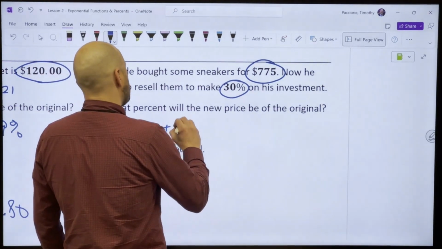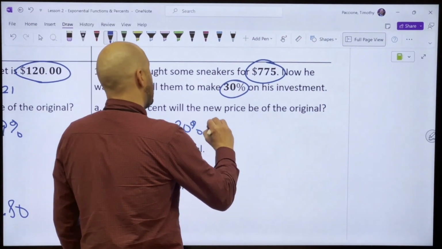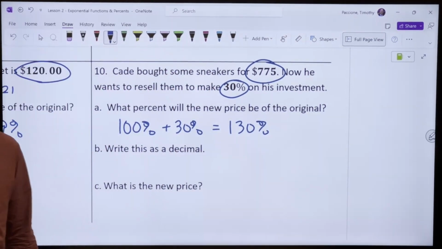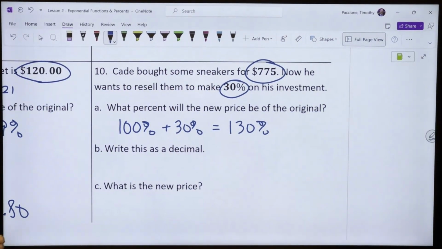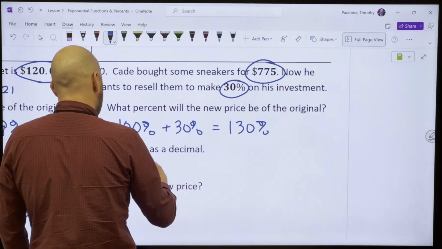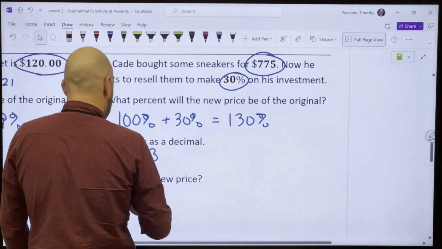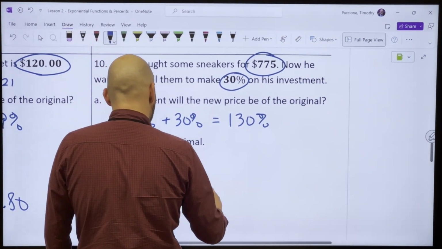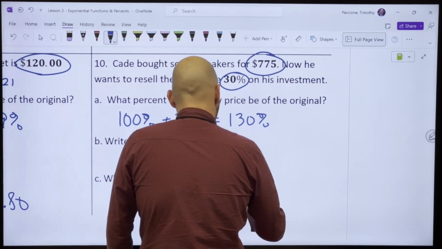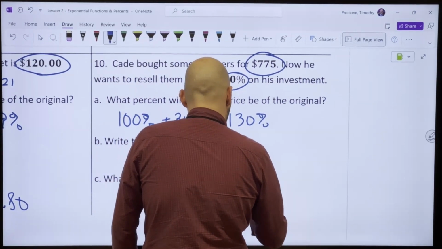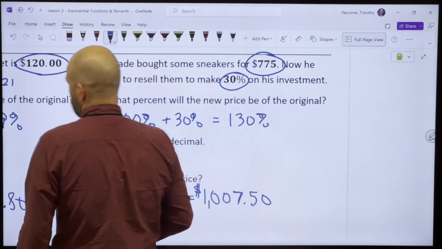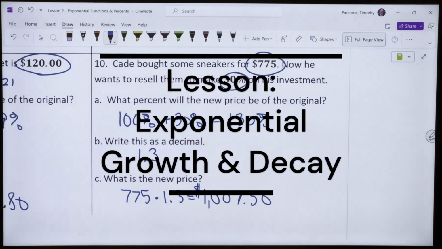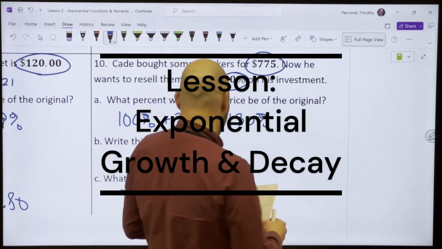He wants 30%. So he adds 30% to that, and he needs to sell it for 130% of what he got it for in order to net that 30%. Okay? So we write this as a decimal as 1.3. And then 775 times 1.3 is? Good luck, Cade. Although, some of y'all in your sneakers, maybe somebody will buy it.